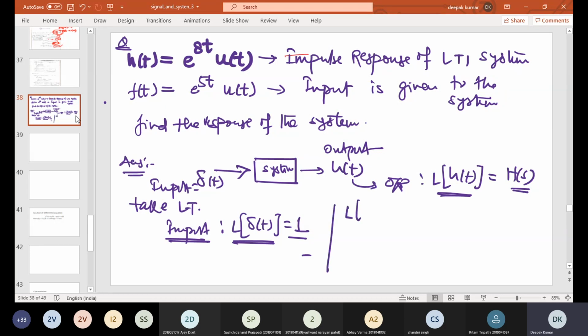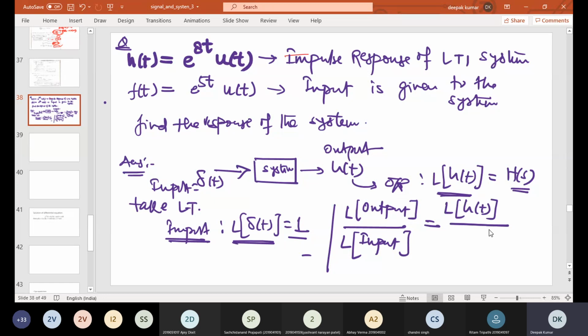Take the ratio of Laplace transform of output to the Laplace transform of input. Laplace transform of output is Laplace transform of h(t), and Laplace transform of input is Laplace transform of delta function. So this is equal to H(s) divided by 1.